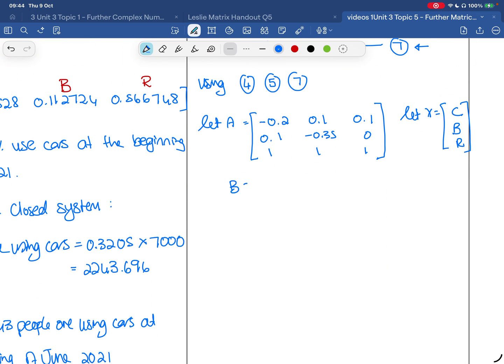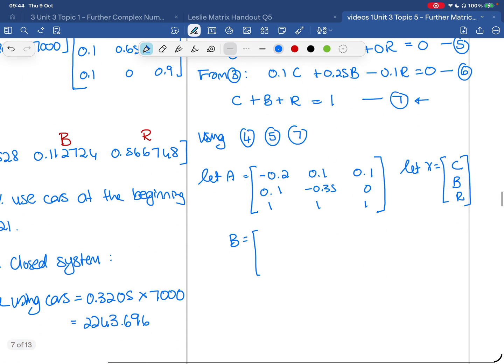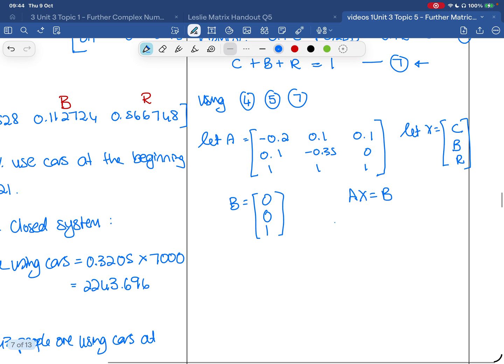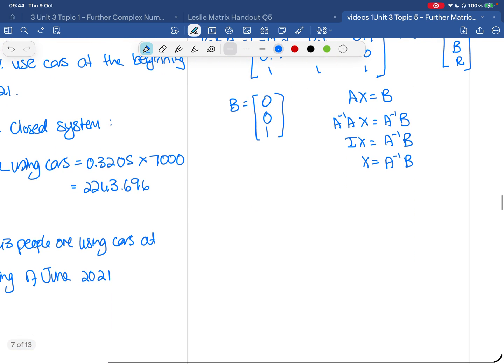And B is going to be my answers, so 0, 0, and 1. Because what we have then is AX equals B, and I can use inverses to help me to find them. So inverse AX is inverse AB, IX, and remember we always show all this working, X is inverse AB, and I'm going to put it into my calculator.